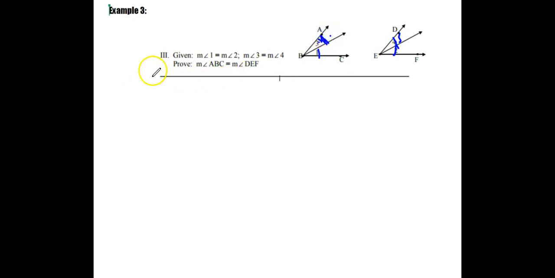So I'm going to start off with my given, step 1. Measure of angle 1 equals measure angle 2, and measure angle 3 equals measure angle 4. And that's going to be given.